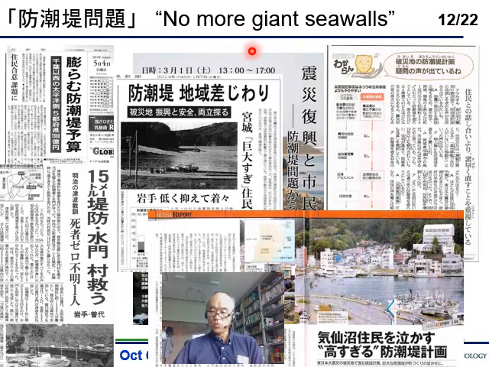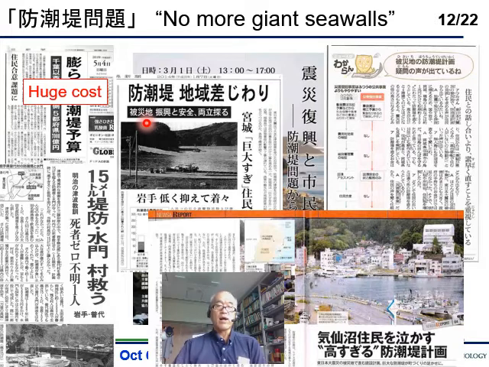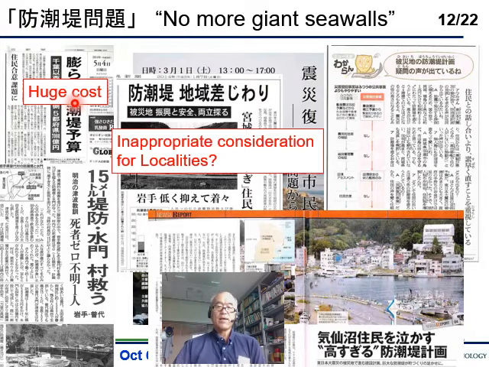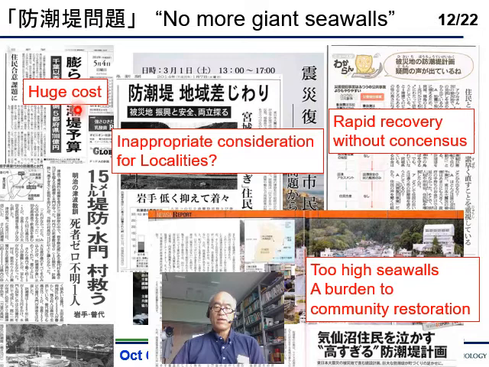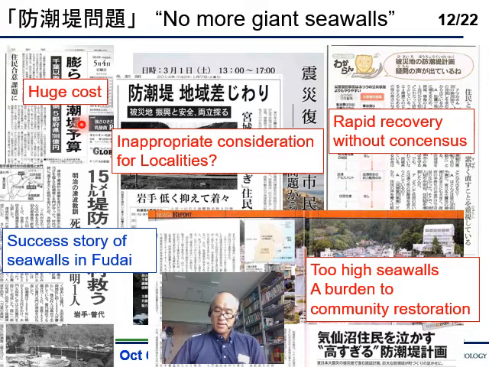The discussion was made from various aspects like high cost, inappropriate consideration for localities, rapid recovery, but little attention to consensus building. Too high seawalls must be a burden to community restoration. And the effectiveness of seawalls is rarely described.